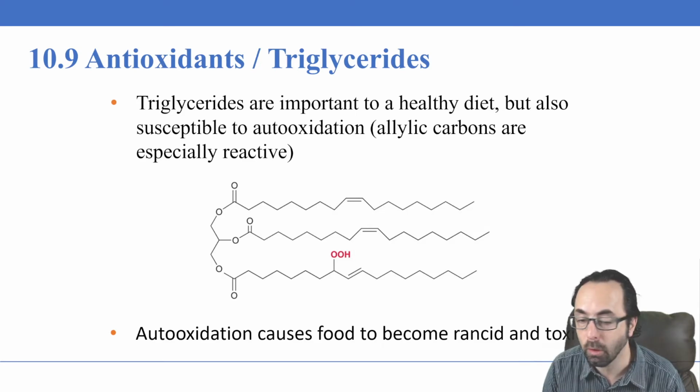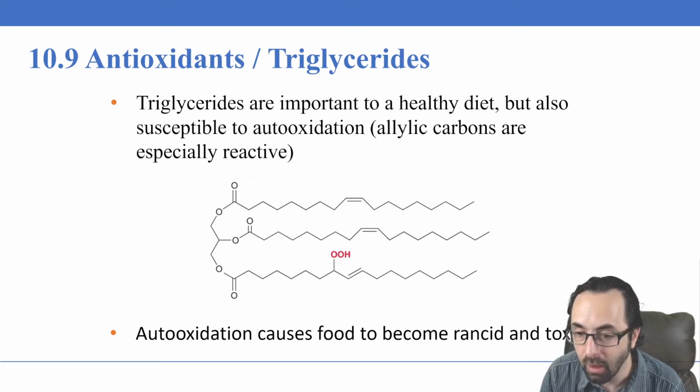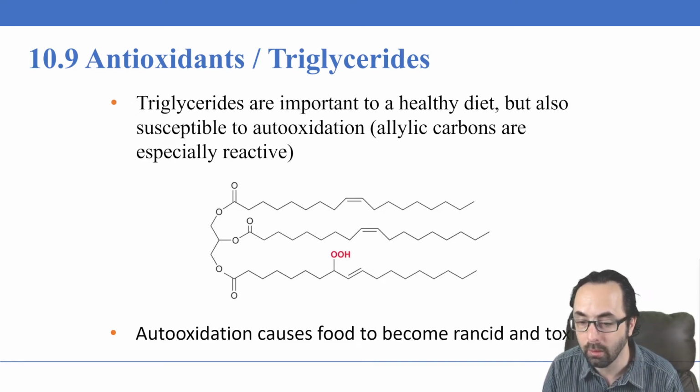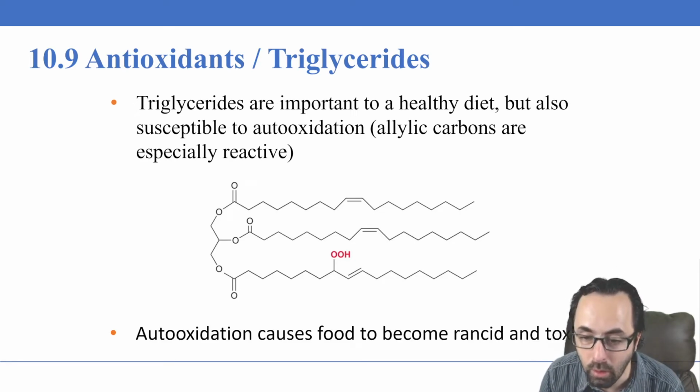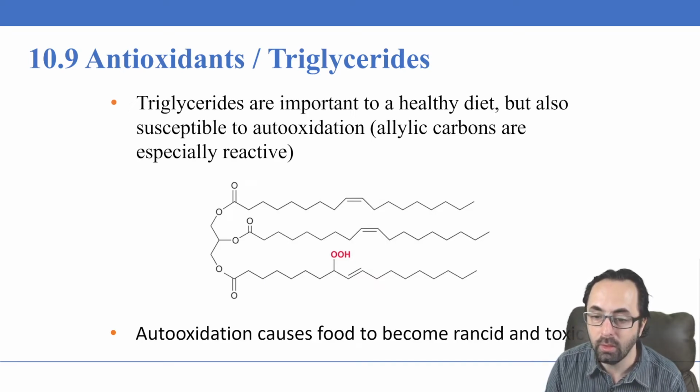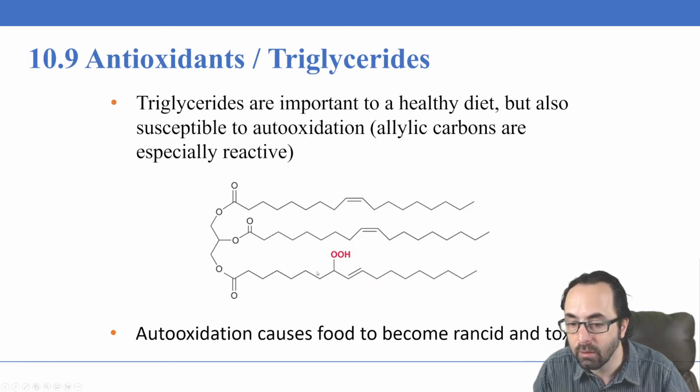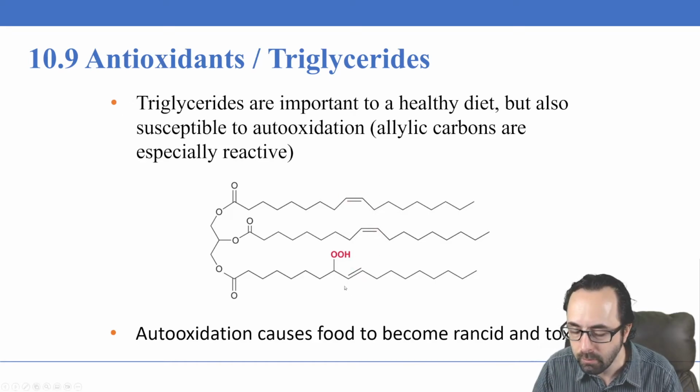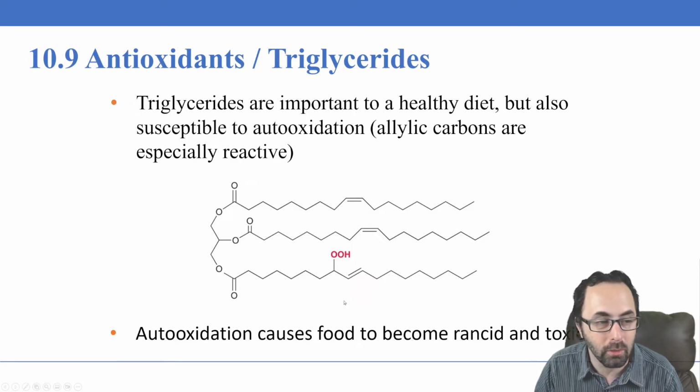Of carbohydrates, proteins, fats. And when we leave fats on the shelf, especially unsaturated fats like oils, peanut butter, cooking oil, olive oil, these are unsaturated fats. They have double bonds in them. And these double bonds can potentially produce allylic radicals if they come into contact with a radical mechanism initiator.